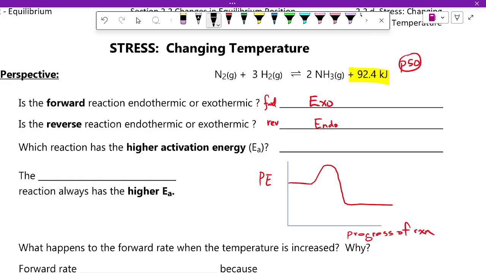Reverse, because that is the activation energy forward, and our reverse is from the products to the peak. So no matter what the circumstances, which reaction will always have the higher activation energy? The endothermic.